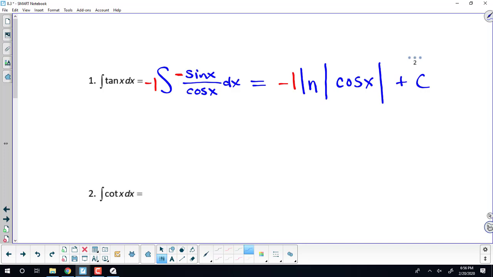If that logarithmic form is weird for you, you're just going to do a u substitution here. The u is the cosine, du is negative sine. You have negative du, antiderivative of 1 over u. This also is written, or sometimes written anyways, as the natural log of the absolute value of secant.